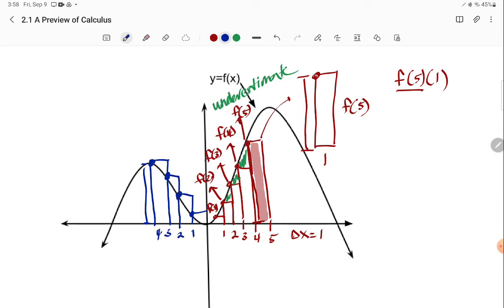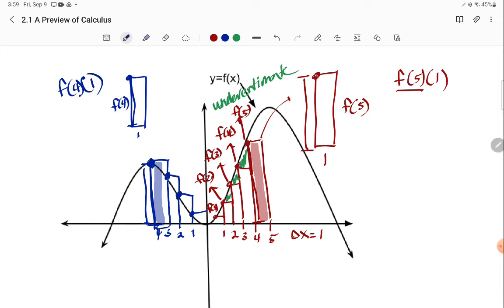So if we wanted to find the area of this one right here, this would be a distance of 1, because from there to there is just 1. And this would be f of 4, because the distance from this point right here down to your x-axis is f of 4. So that would be f of 4 times the width, which is 1. And you would do that for all of them.